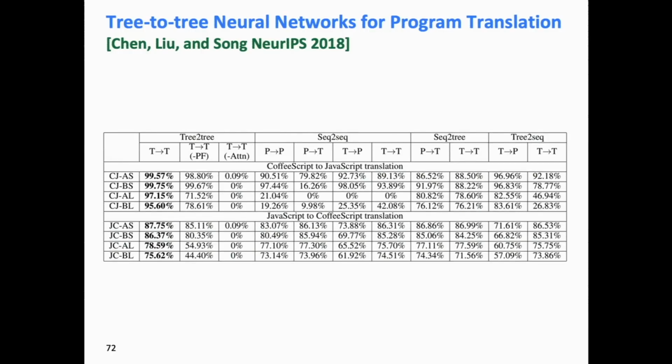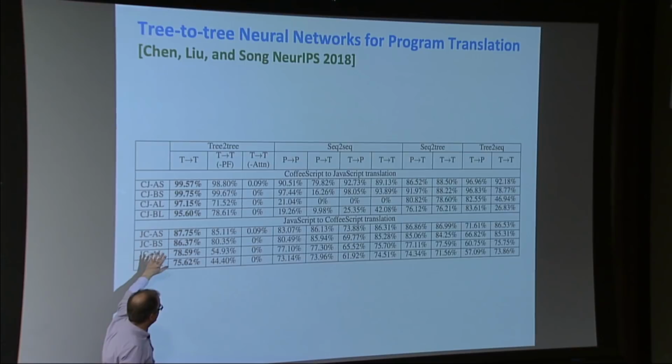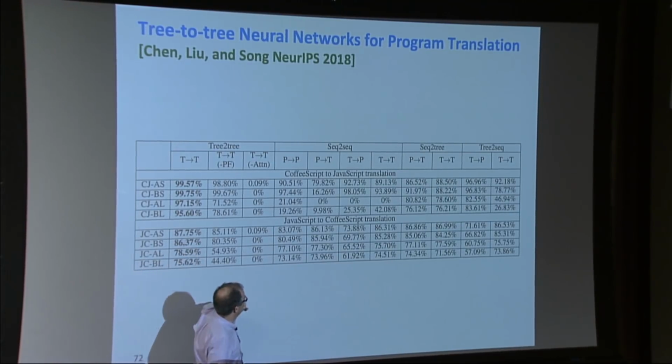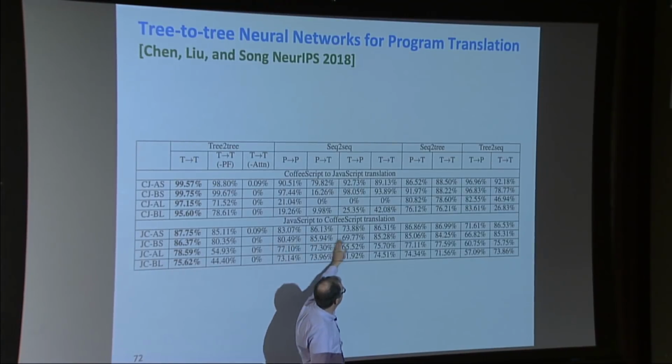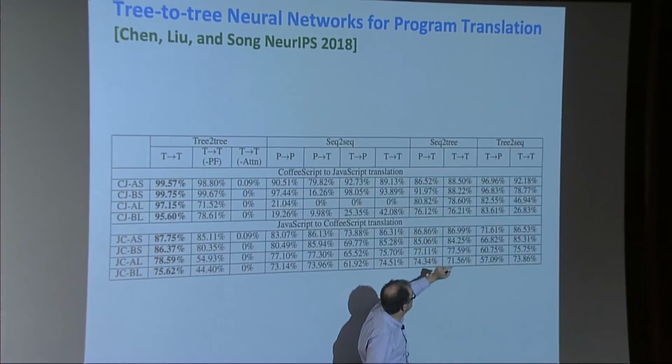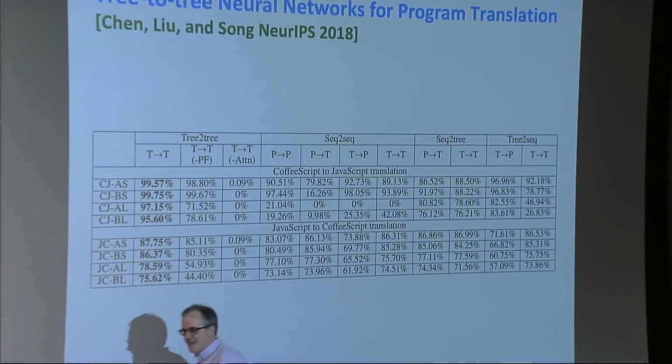I was too lazy to retype this table, so this is probably a bit hard to read. But what it's contrasting is, for a number of programs, a CoffeeScript to JavaScript translation. They're comparing using tree-to-tree models and sequence-to-sequence models, and then they try both other combinations, sequence-to-tree and tree-to-sequence.